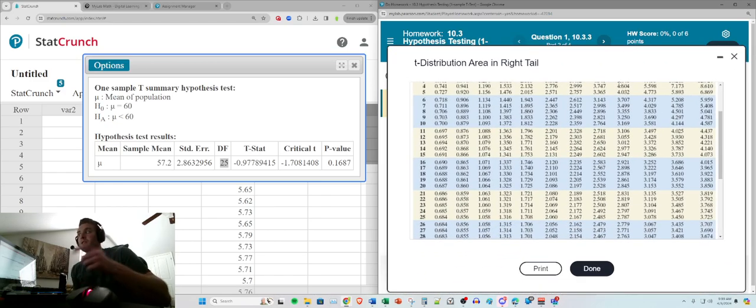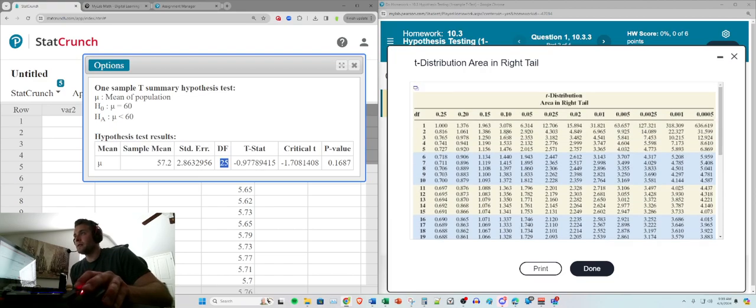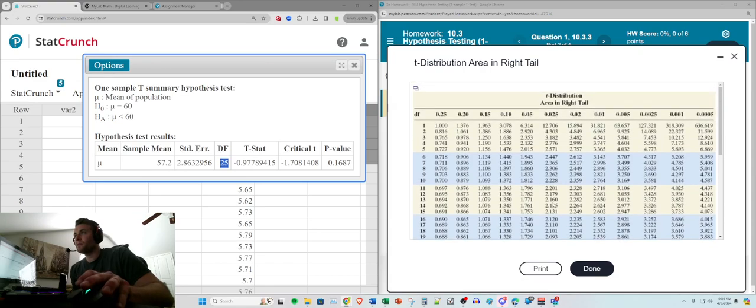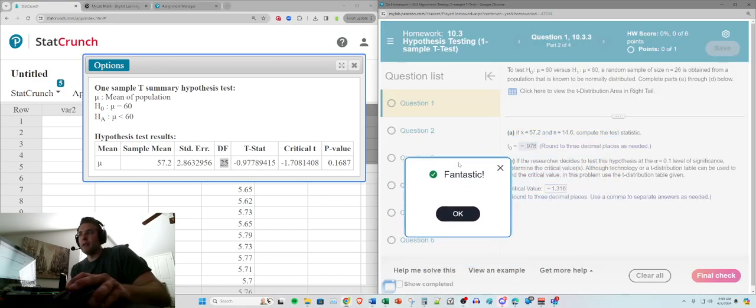So the degrees of freedom is n minus 1, but you can always just find it here. So in this column here of 0.1, I go down to 25 and I see 1.316. So I typed that in, -1.316.